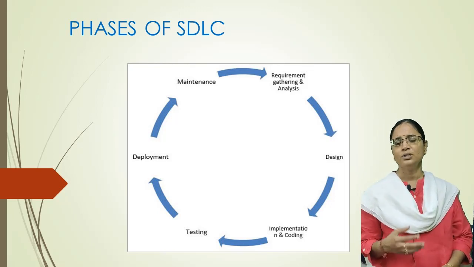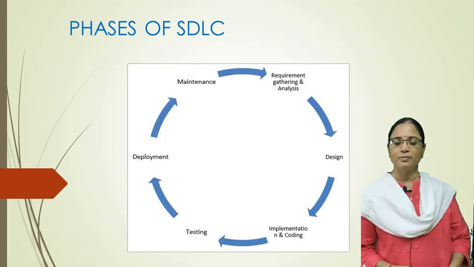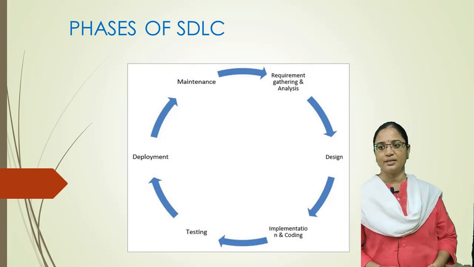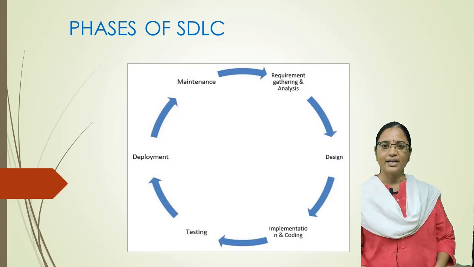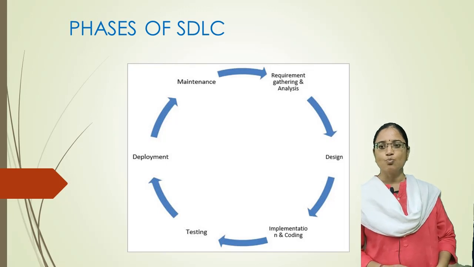I don't want to explain these in detail, but in brief: phase 1 is requirements collection and analysis. Phase 2, feasibility study. Phase 3, design. Phase 4, coding. 5, testing. 6, installation and deployment. 7, maintenance. These phases apply while developing an application, system, or business.